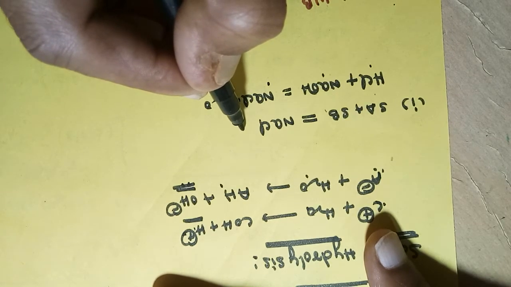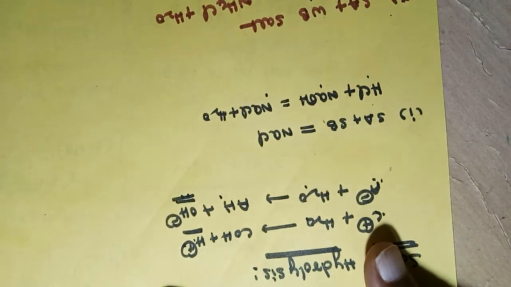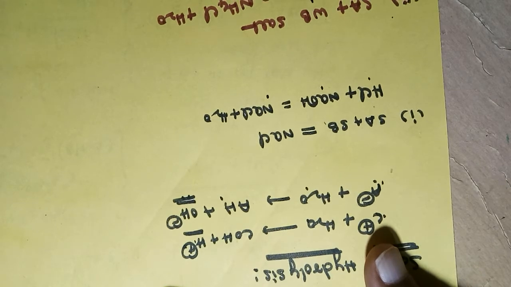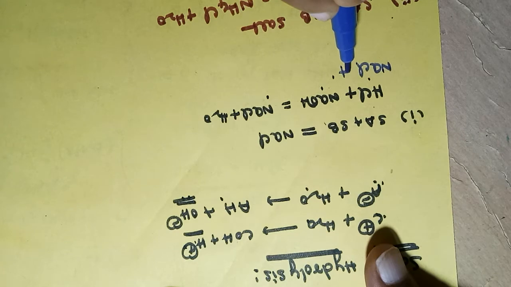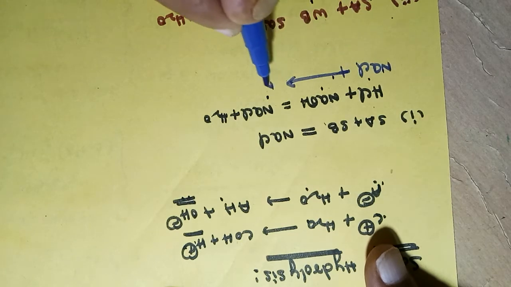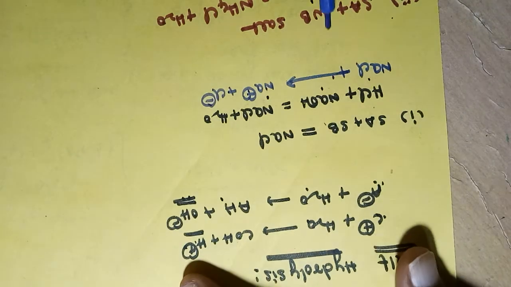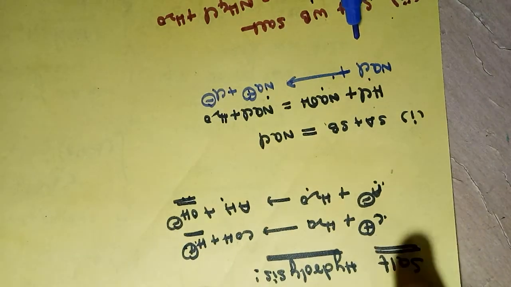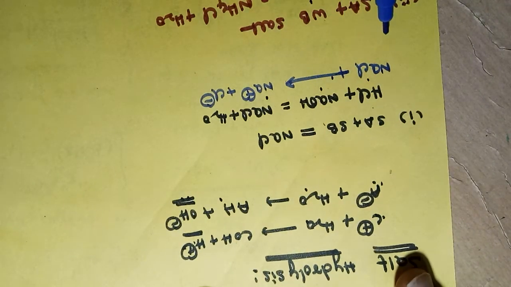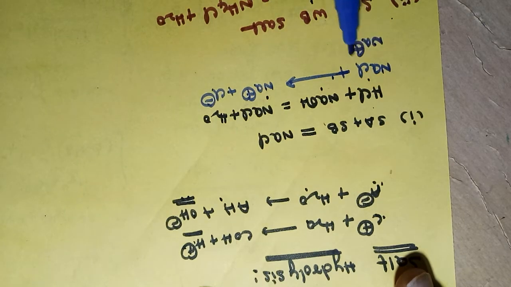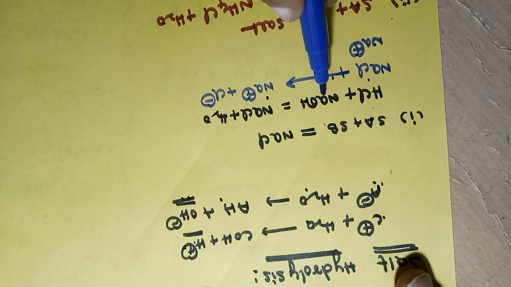First, the salt of a strong acid and strong base, NaCl. When NaCl is added to water, it first dissociates into Na plus and Cl minus ions. Na plus ions are formed from a strong base.